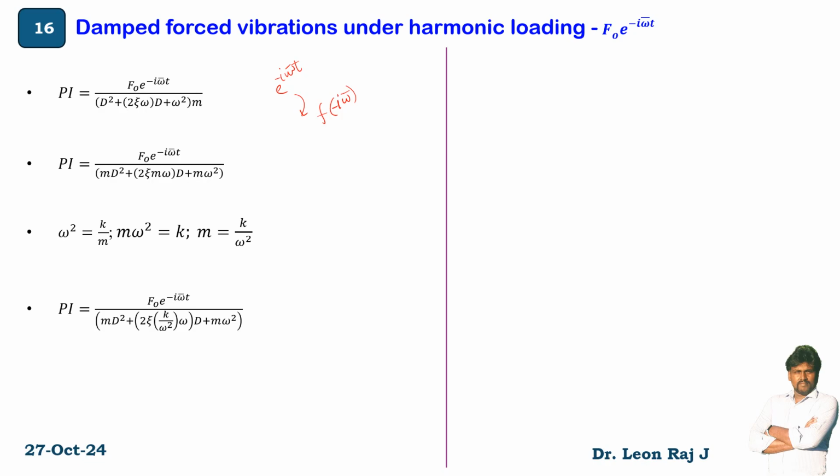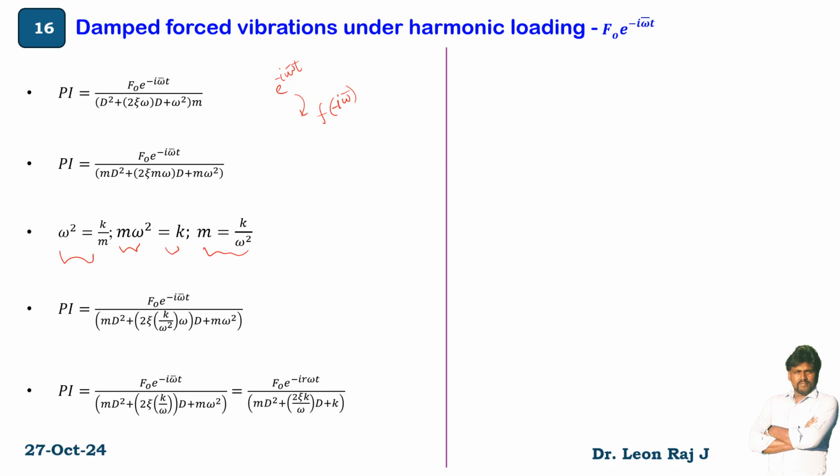So pi is equal to f0. Here, in these common terms, omega square equal to k by m, so m omega square is equal to k, and m equal to k by omega square. So instead of c by m omega square, it is replaced with k.